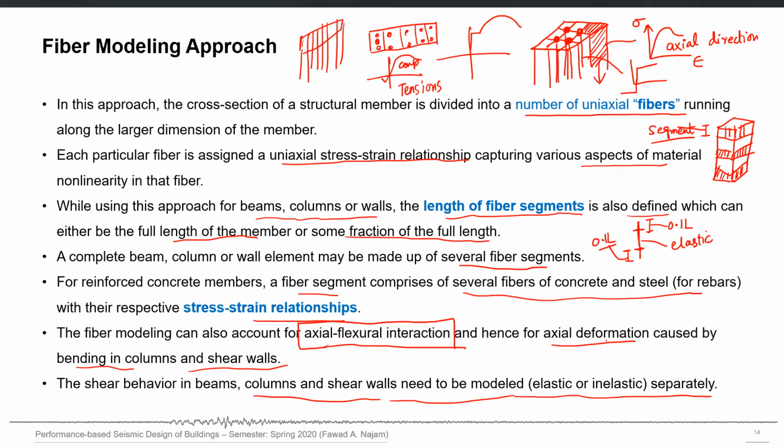Similarly, torsional behavior and other behaviors apart from axial and flexural behavior will not be accounted for in fiber modeling. If you want to model those behaviors explicitly, then you have to add additional elements. Alone, this fiber modeling will only capture axial flexural interaction and axial flexural behavior.